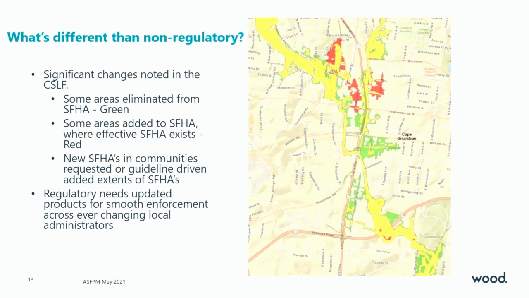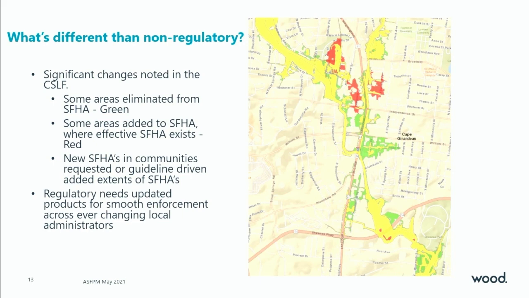You know, lots of times there's new extents too, where you'll have new floodplains created that have never been. One of the things that going down the regulatory path versus the non-regulatory path is really important to the local enforcement folks is that they may not have the support politically to enforce the best available data.